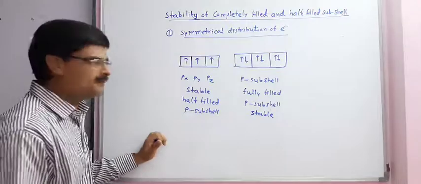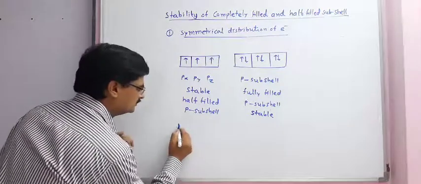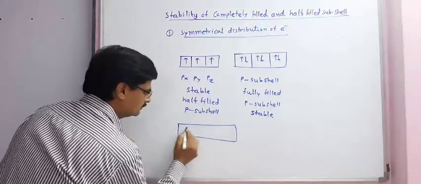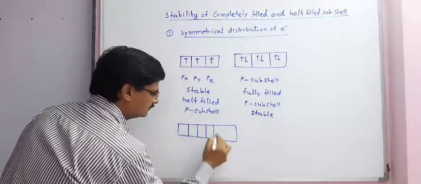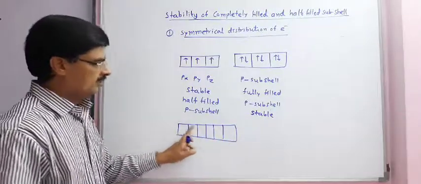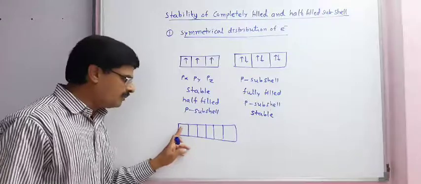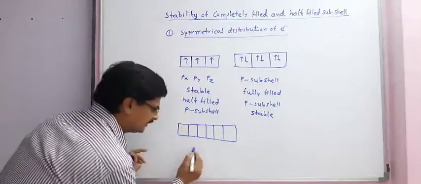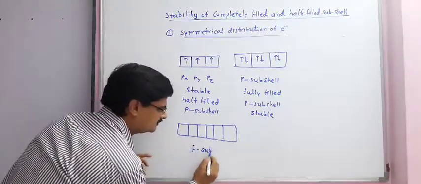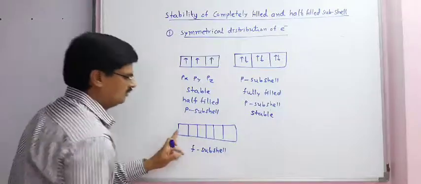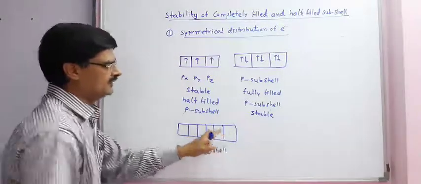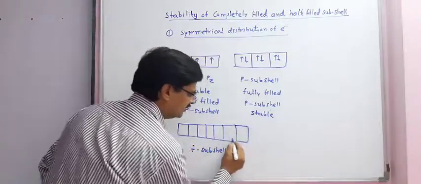Same way for the f subshell, we can draw. There are 7 orbitals present in the f subshell: 1, 2, 3, 4, 5, 6 and 7.